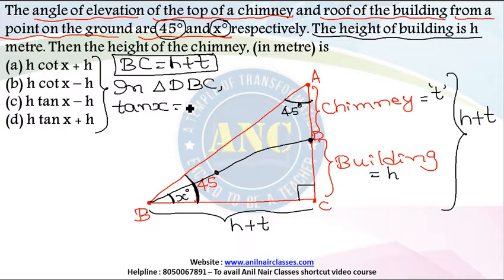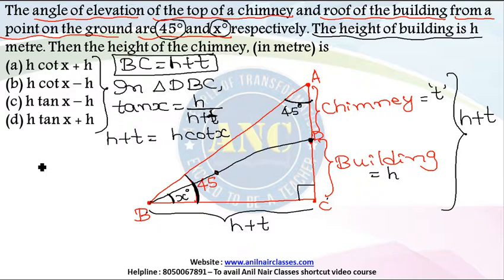Tan x is nothing but opposite to the angle, the DC. DC height is h. Adjacent to the angle, the BC. BC I know right now as h plus t, right? I found out already BC value. Now, can I say like this, sir? Can I say this h plus t is nothing but h divided by tan x, or h into cot x, right? h into cot x.